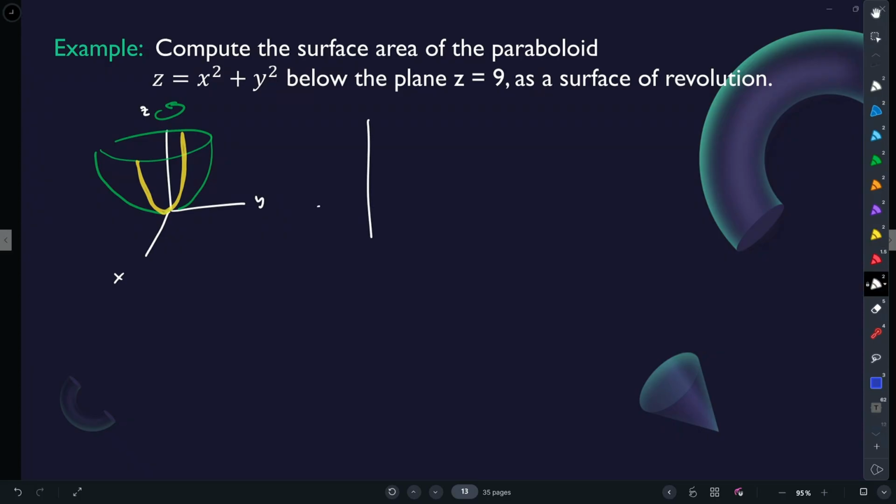So let me do that. I'm going to write it in the x-z plane, where y is 0. The graph that I get here is z equals x squared. But notice that I'm going to be rotating about the z-axis.